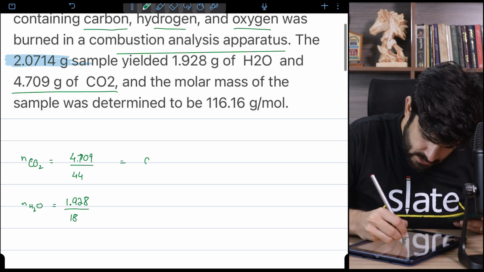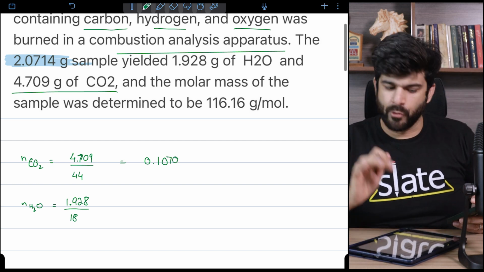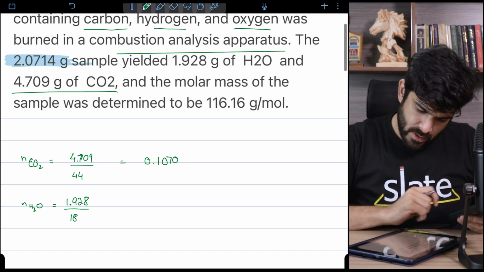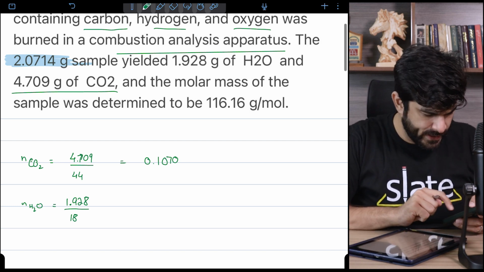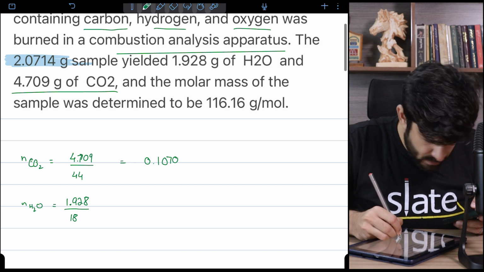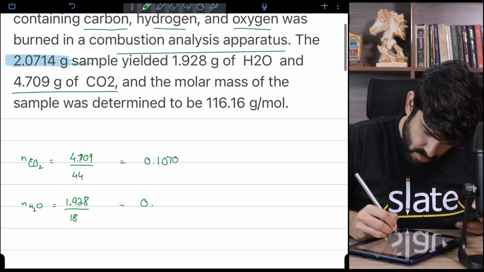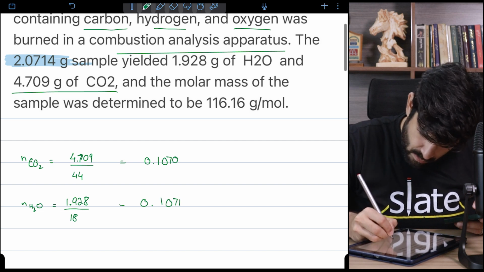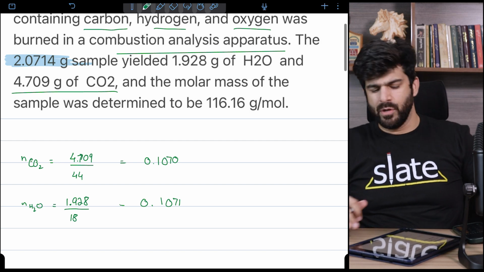This is 0.1070. Again, 4 decimal points because we've got that there as well. Here we have 1.928 divided by 18. This is more or less the same value.